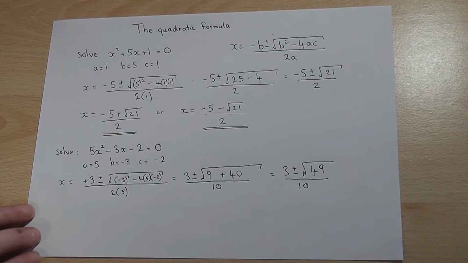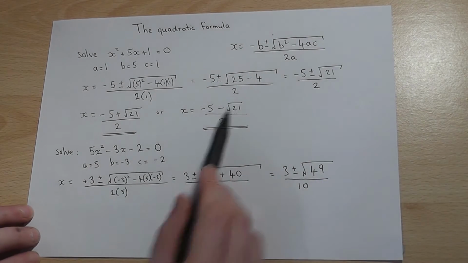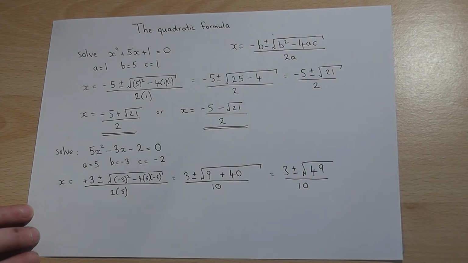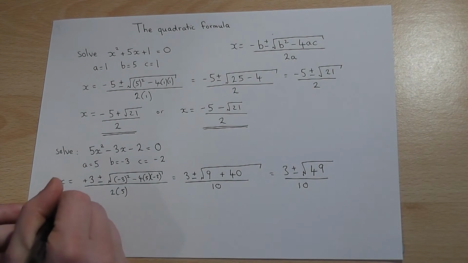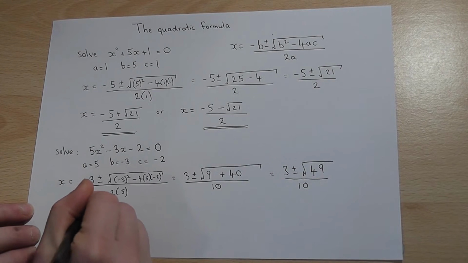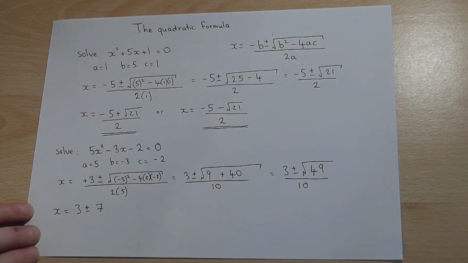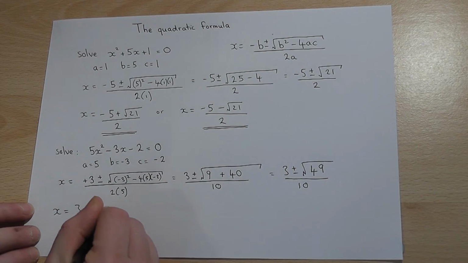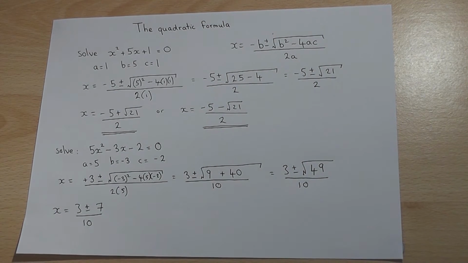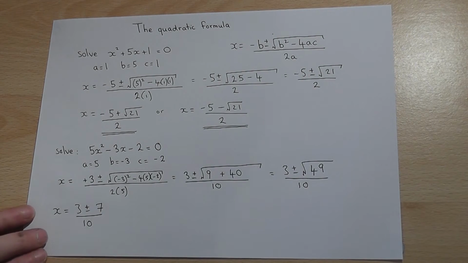Now, unlike the previous example, where we could not go any further, we can find what the square root of 49 actually is. So x equals 3 plus or minus 7, because the square root of 49 equals 7, all over 10. This means we can now deduce the two solutions.